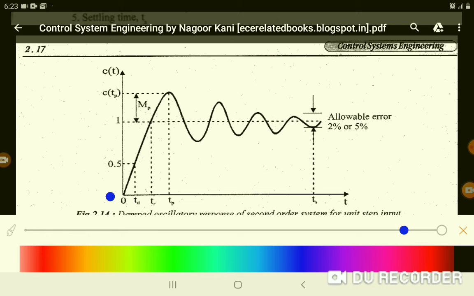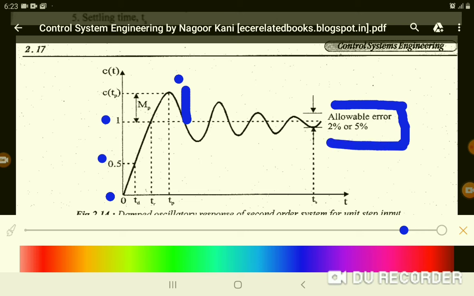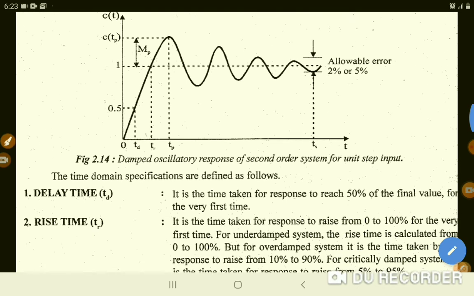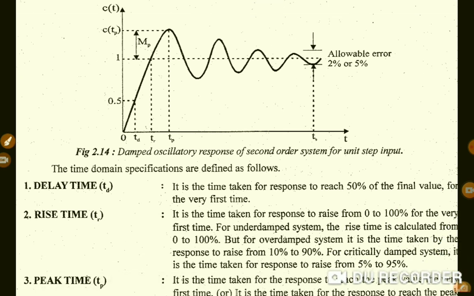TD is the half response time, rise time is the full response time, and whenever the response reaches a peak, that particular time is the peak time and the difference is the peak overshoot. Settling time is when the waveform is going to be settled. We can't predict it exactly, so it has an allowable error of 2% or 5%. We'll see one by one with an explanation.